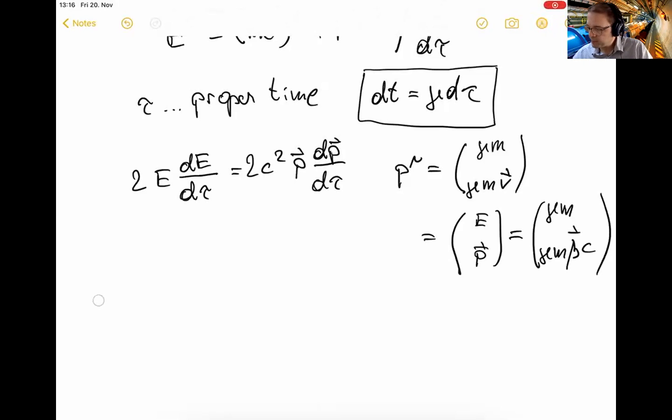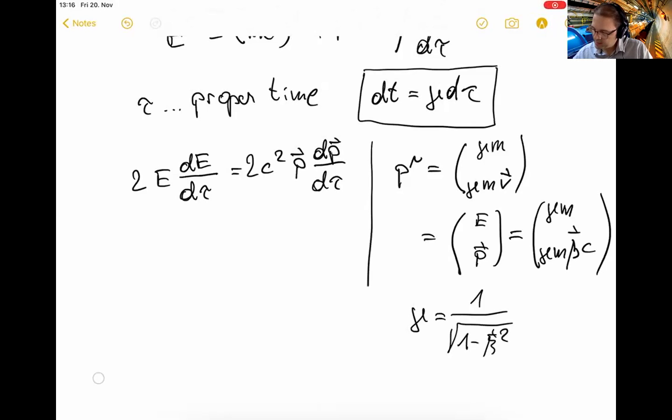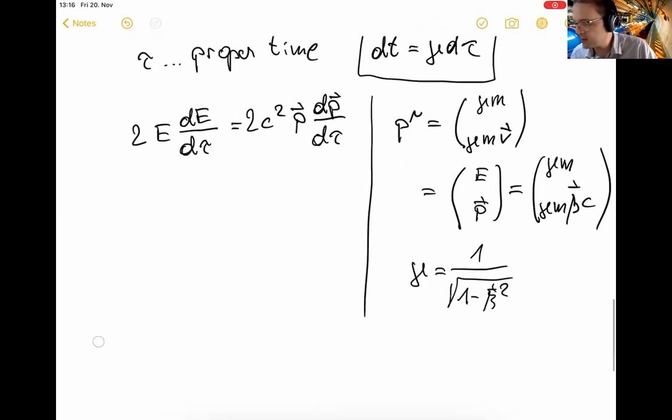And we know from special relativity, gamma equals 1 divided by the square root of 1 minus beta squared. These are the formulas to the right, which I assume that you have seen. The formulas to the left, I'm deriving now. So let's express dE with respect to d tau.